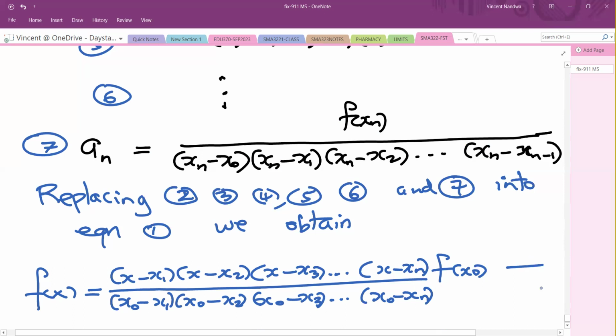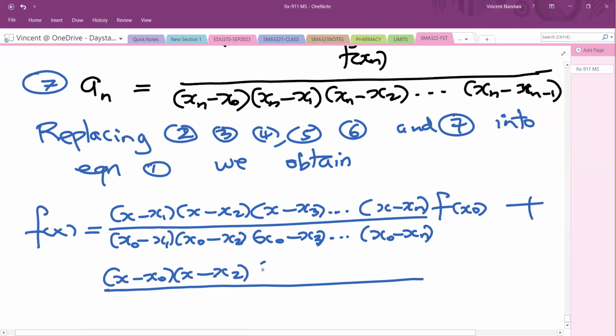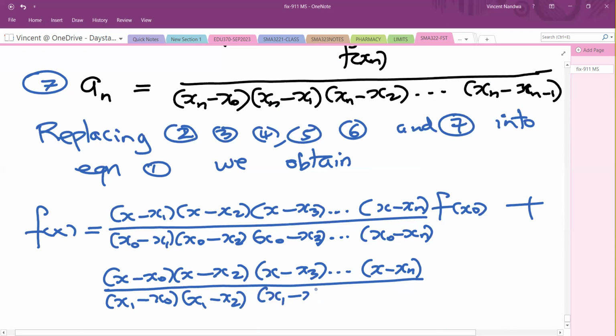Then plus the second term that involved a1 will be x minus x naught, x minus x2, x minus x3, all the way up to x minus xn, divided by x1 minus x naught, x1 minus x2, x1 minus x3, all the way up to x1 minus xn, then you multiply by f of x1.